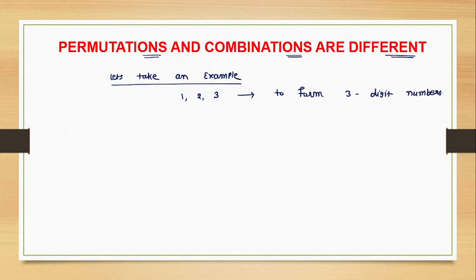It means one digit can be used only once. So how many numbers can you create? Just tell me. At the first position you can write 1, and the second and third positions can be filled with 2 or 3: 1, 2, 3 or 1, 3, 2.